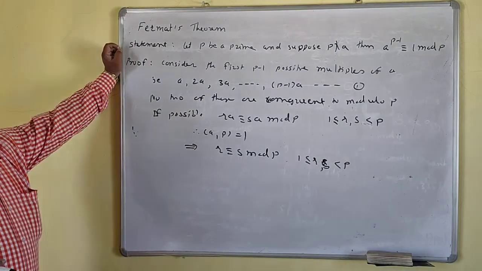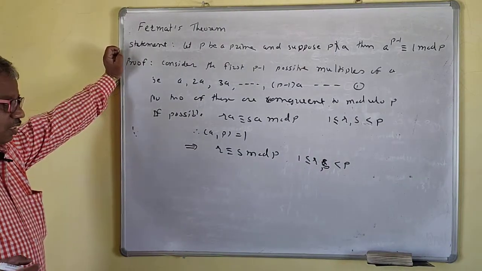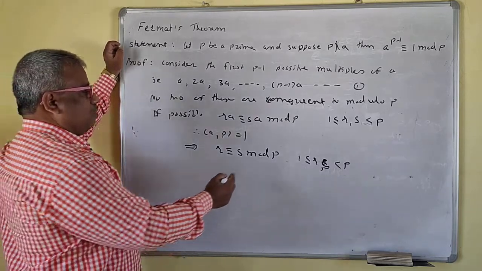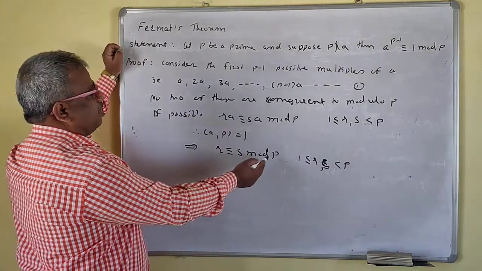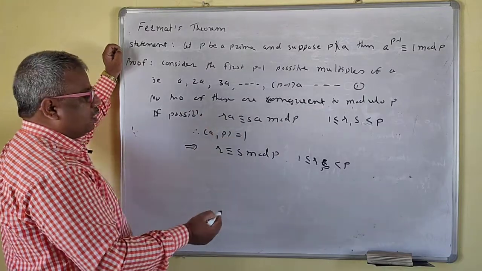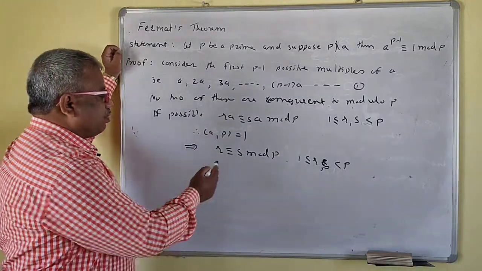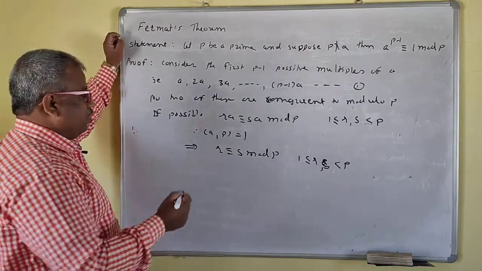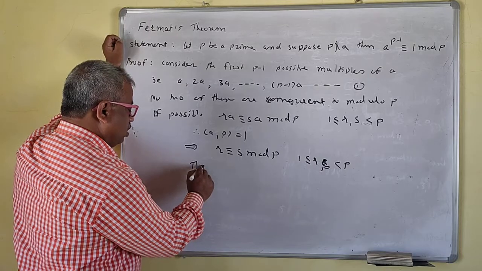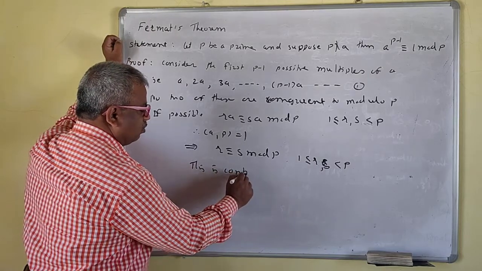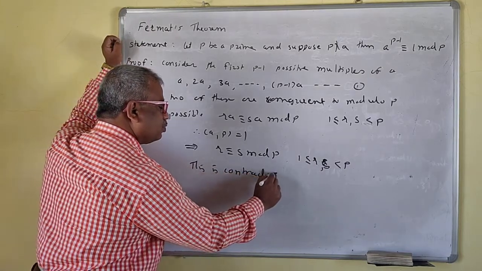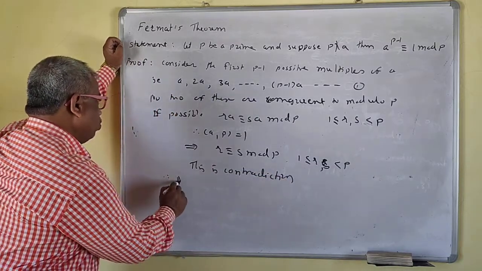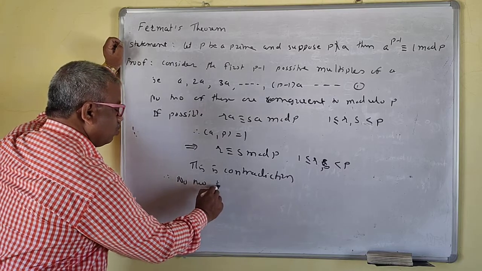This is a contradiction, because r minus s is then a multiple of p, but p is prime and r minus s is less than p in absolute value. So this is a contradiction.